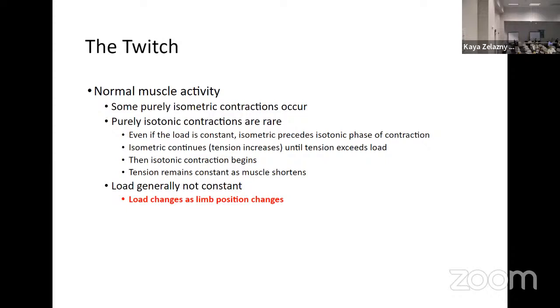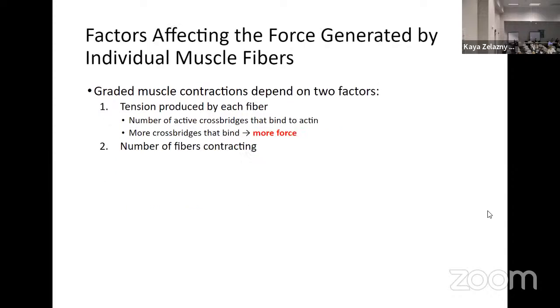That's harder in one position than the other. So as you move an object, the load is likely going to change because of the physics of that. So that also makes this more complicated than those two binary isometric versus isotonic choices. Right, that's our theoretical building blocks, but real life is messy.